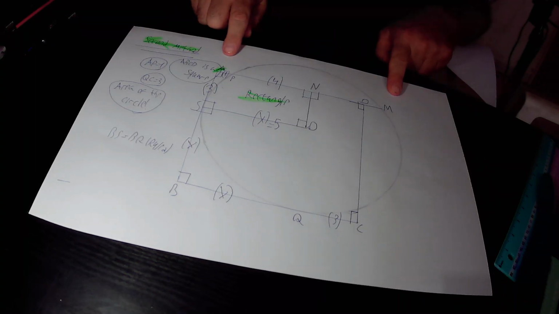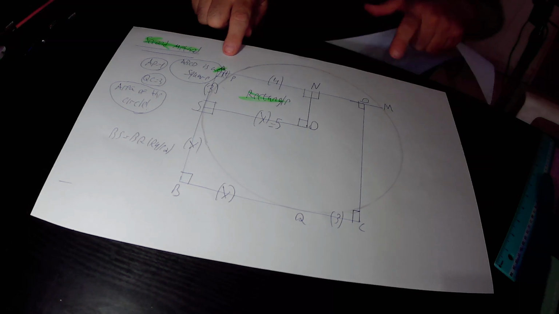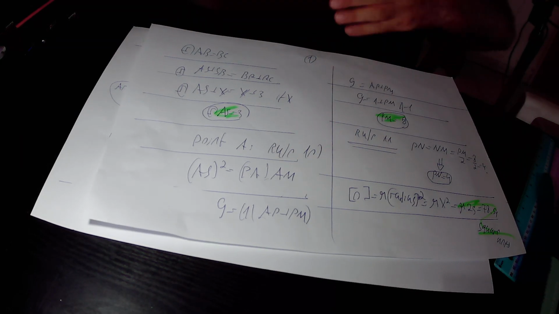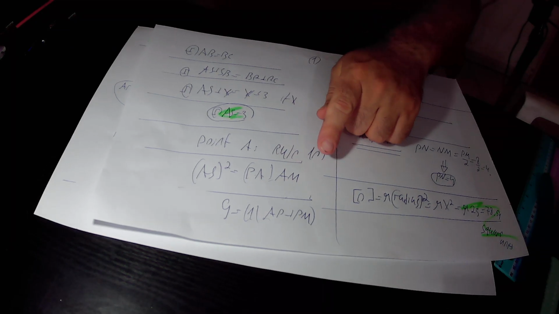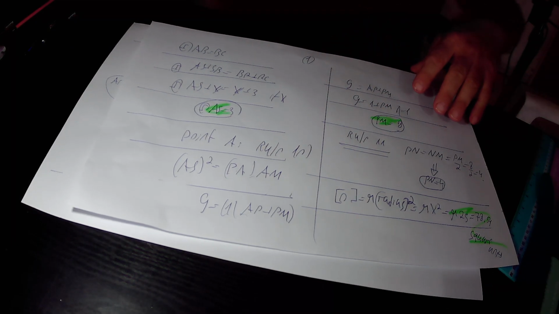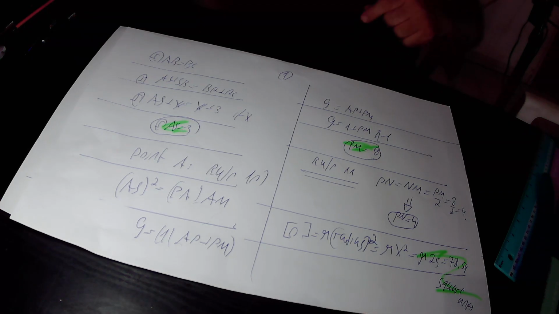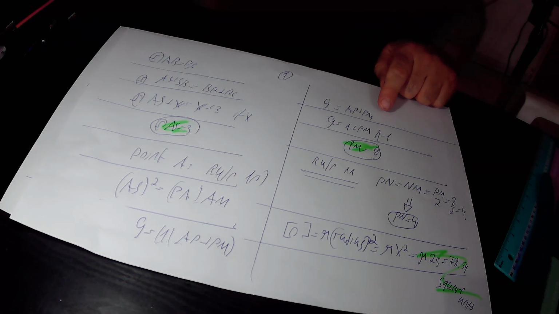AM equals AP plus PM. So in total, 9 equals 1 times AP plus PM. AP is 1, so 9 equals 1 plus PM. Here we substitute and find that PM equals 9 minus 1, that is 8.